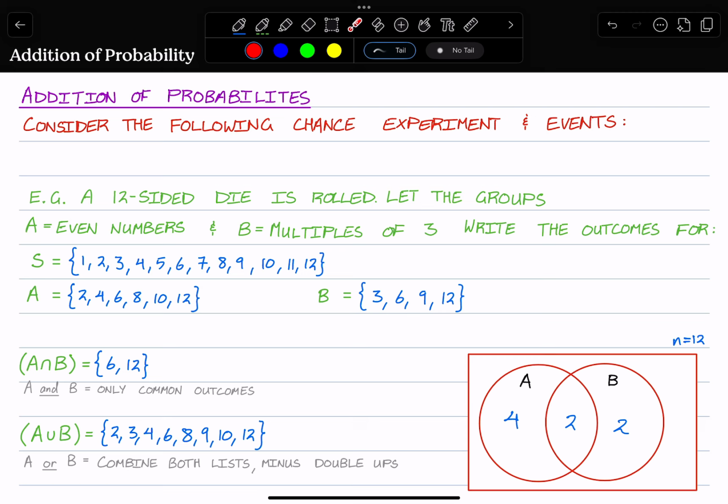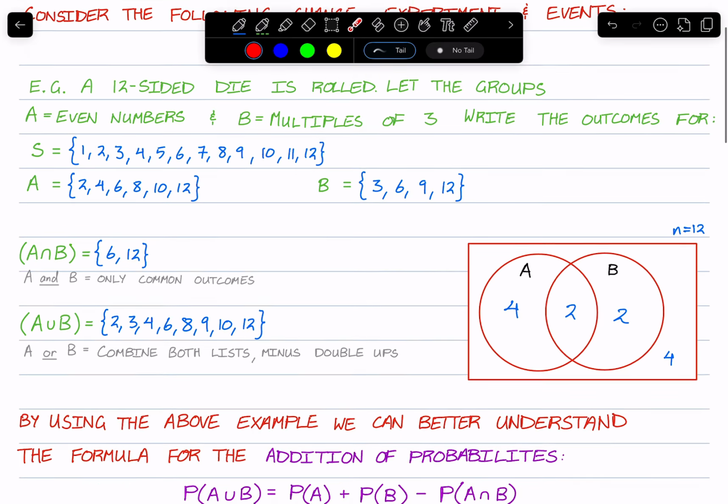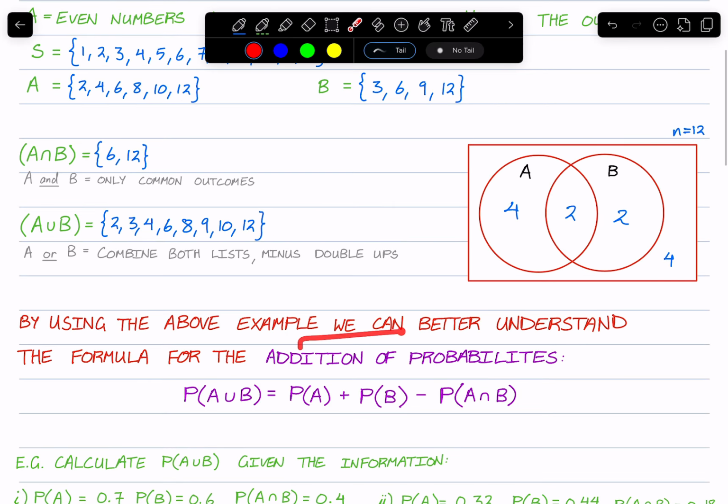We're not quite done. We just need to add these 3 up to give us a total of 8. But since there are 12 things in total, that means there are 4 numbers that are not even and not multiples of 3.